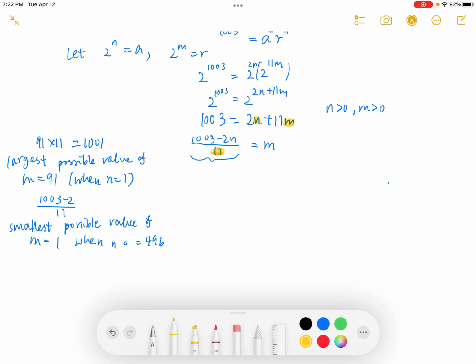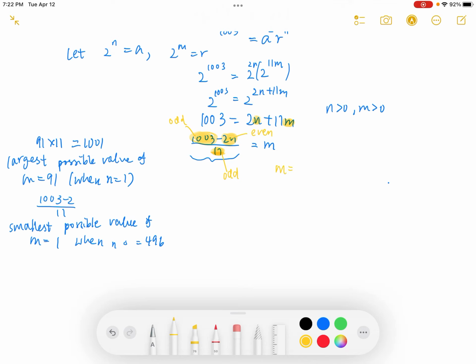However, we should also notice that 11 is an odd number, and 2n is even, but 1003 is odd.